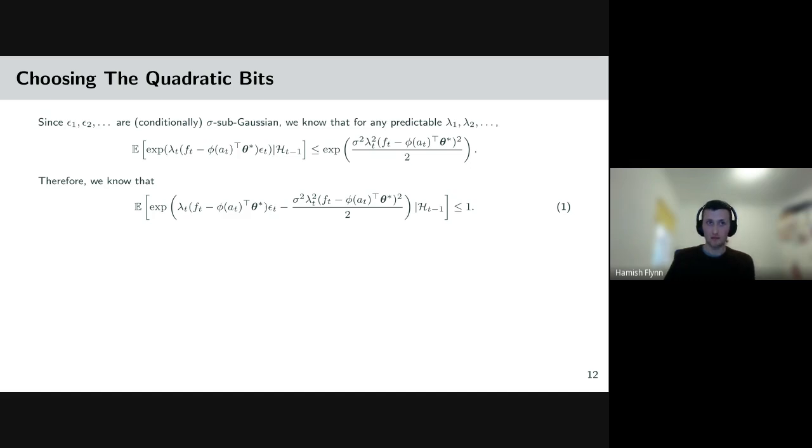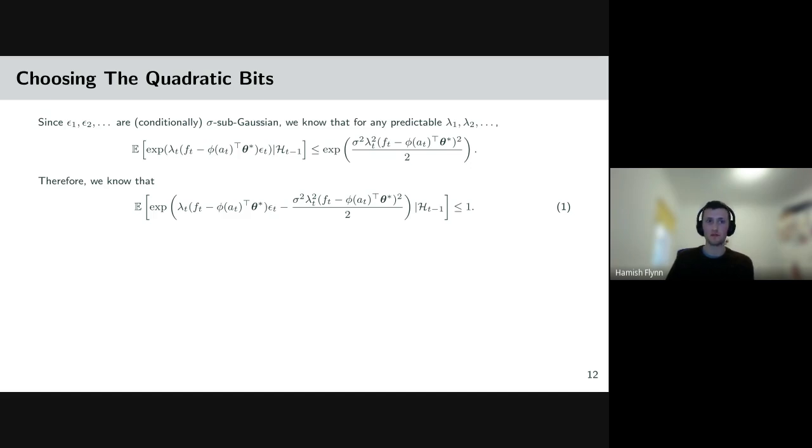First, at the top left, this choice of lambda_t times f_t minus whatever times epsilon_t looks a bit arbitrary. Actually, though, this is one of the only reasonable things to put here. First of all, we have to choose something linear in epsilon_t if we want to be able to use the sub-Gaussian property.